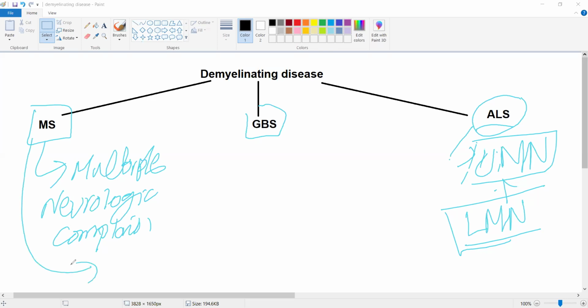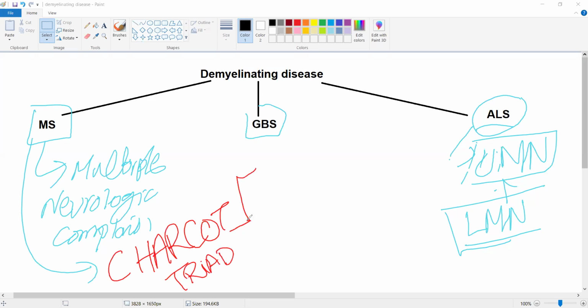So can anybody name that triad? It is the Charcot triad. So this Charcot triad consists of three things: scanning speech, internuclear ophthalmoplegia, and nystagmus.